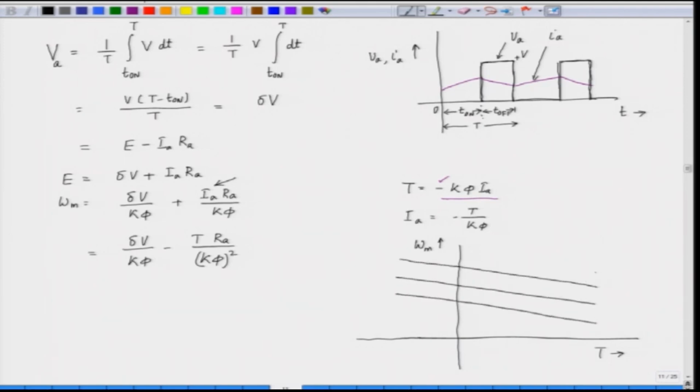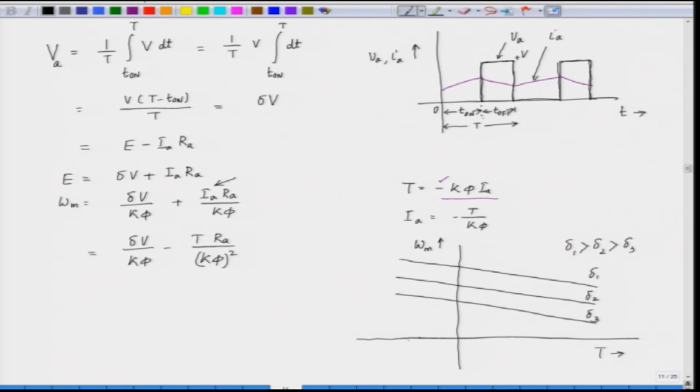These are for various values of delta, delta 1, delta 2 and delta 3, and delta is decreasing, so delta 1 is greater than delta 2, which is greater than delta 3. But where are we operating here? We are operating in the second quadrant in this case, because the torque is negative.